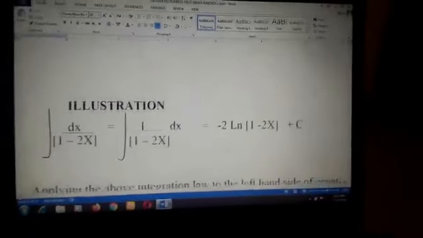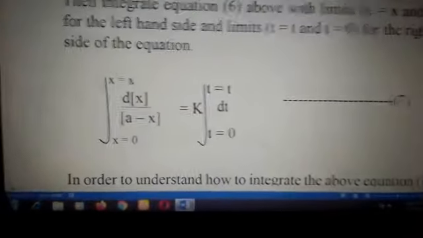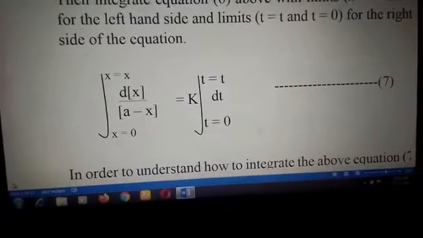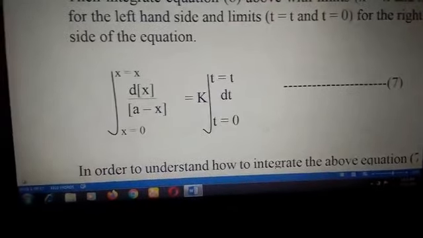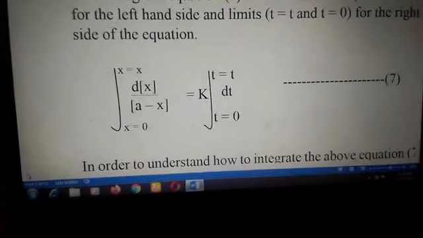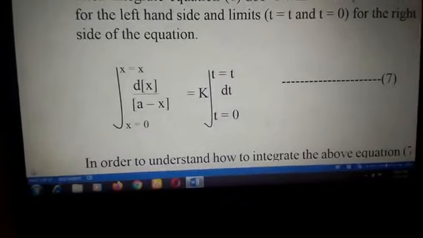Let's go back to equation 7, which is the one we left. Look at it, the left hand side. If you integrate it now, you see that it's more like the one I just gave you. The left hand side, which is ds all over a minus s, if you integrate it, you're going to have ln a minus s.